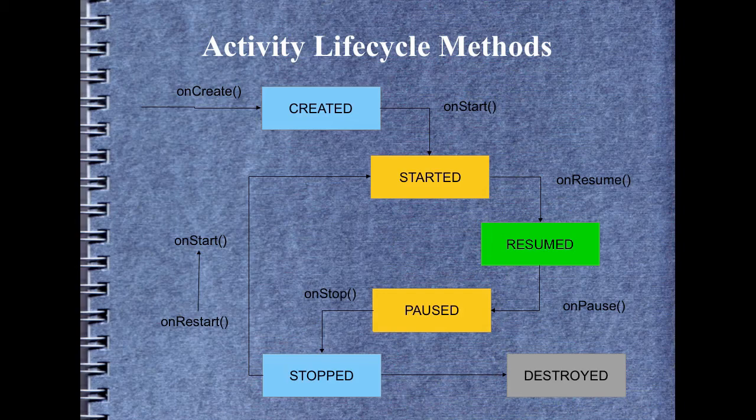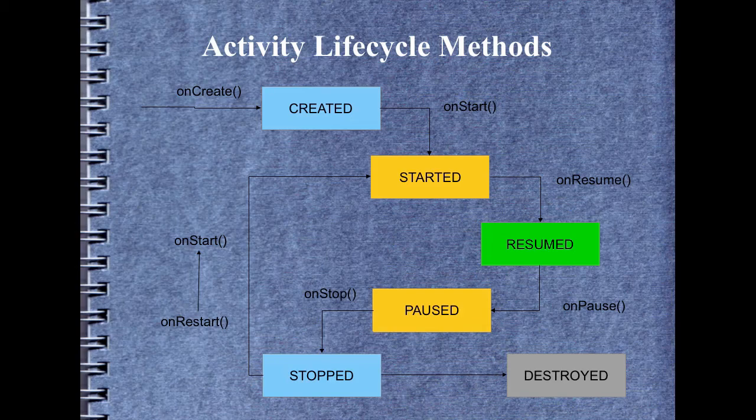However, if the user presses the home key and just gets out of the application and can restart it later, or if an activity is a sub-activity and it doesn't actually get destroyed, then we go from resumed to paused to stopped, and we hang around in stopped until the activity gets restarted.